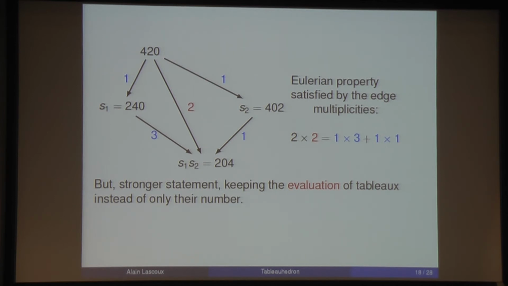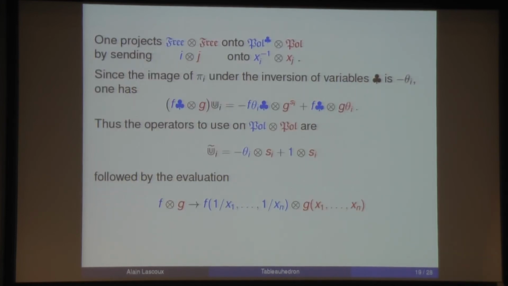It's equivalent to what I wrote with matrices, that the number of edges of even length is given by the number of edges of odd length. This is the identity which is given by the matrix multiplication. But I have tableaus instead of having only multiplicities. So here I can give a more precise statement.